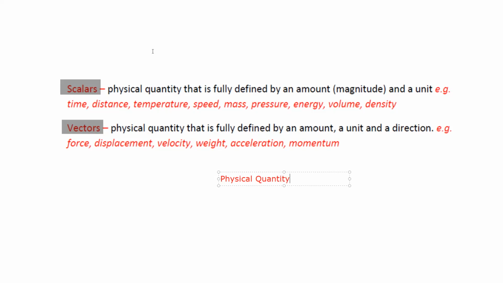We divide the physical quantities into two parts. Some of the measurable quantities are scalar and some of the physical quantities are vector.